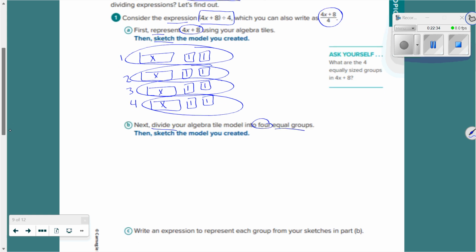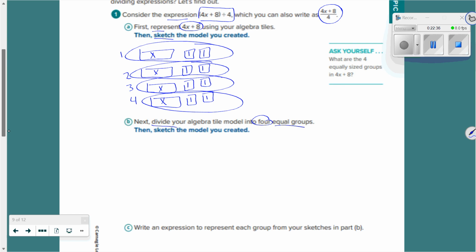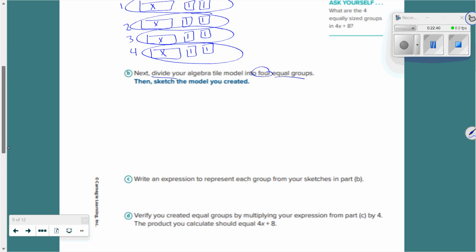What do I have inside of each group? 1x and 2 1s. So if I were to write an expression to represent each group from my sketch, I would say each group has 1x and 2 1s. Everybody okay with that?